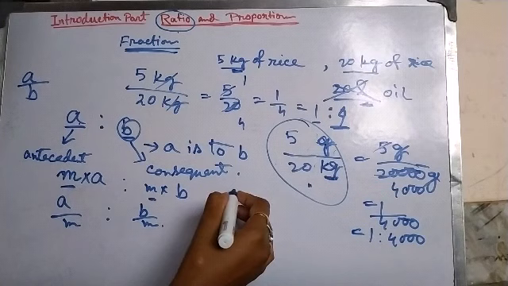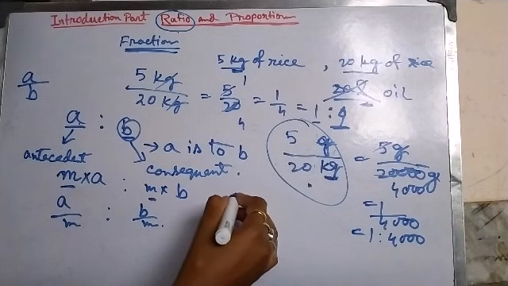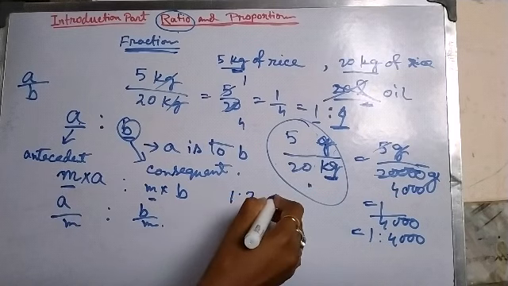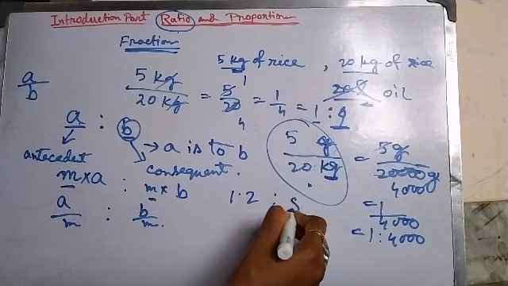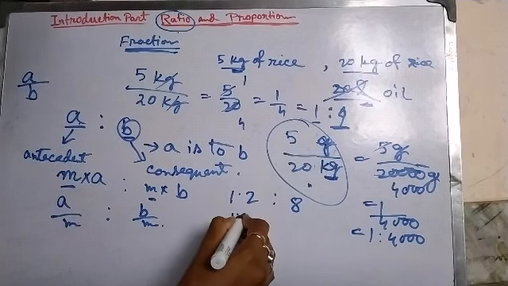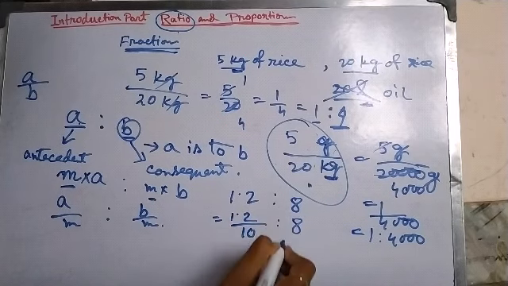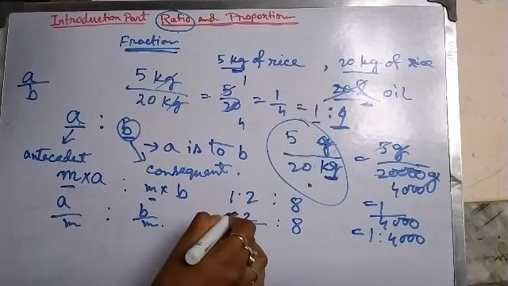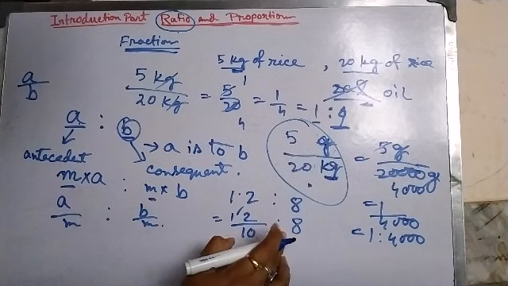Suppose I am taking one example: 1.2 is to 8. First 1.2 will be converted into a fraction, and here is 8. Now the decimal point will be removed, so 12 by 10 is to 8.